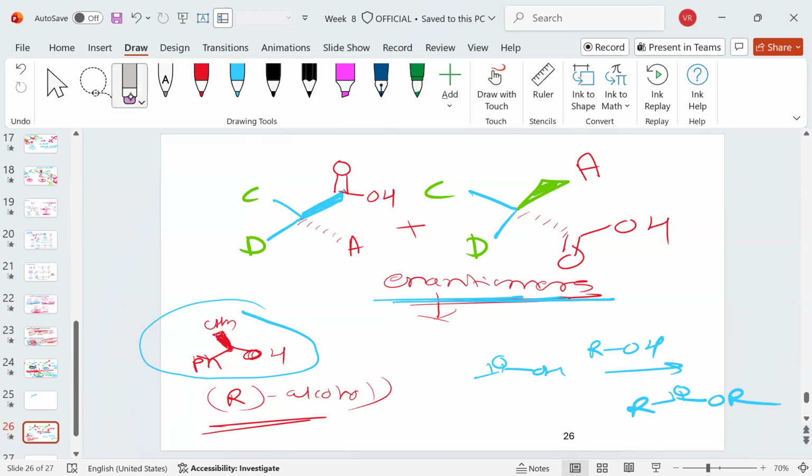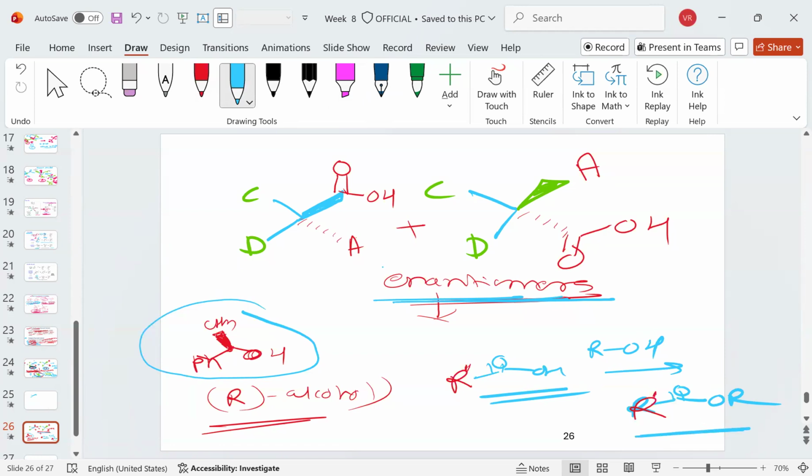an ester, right? So this is R, let's say R1. So we are getting the ester in this reaction: acid plus alcohol gives esters.